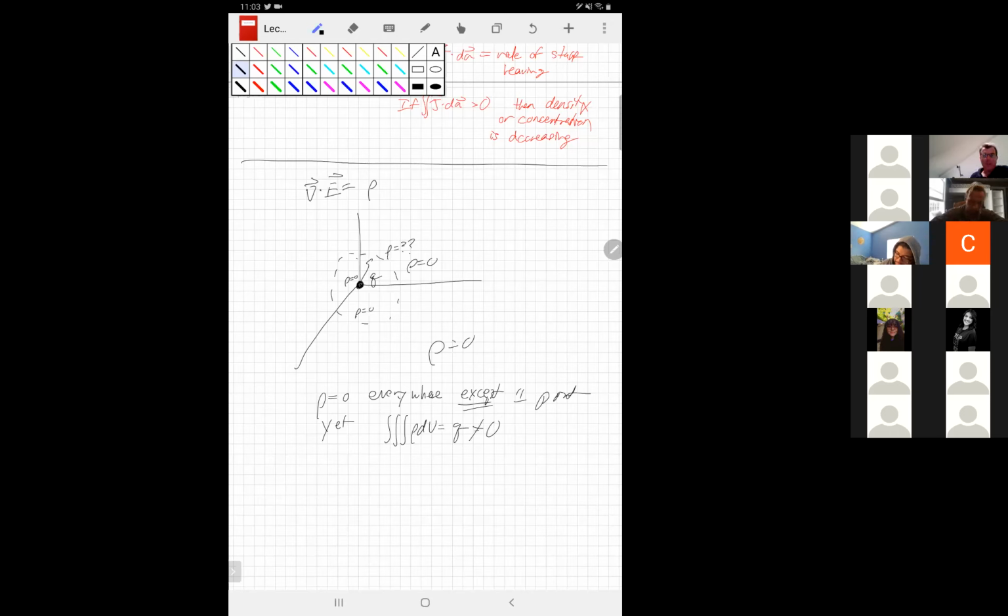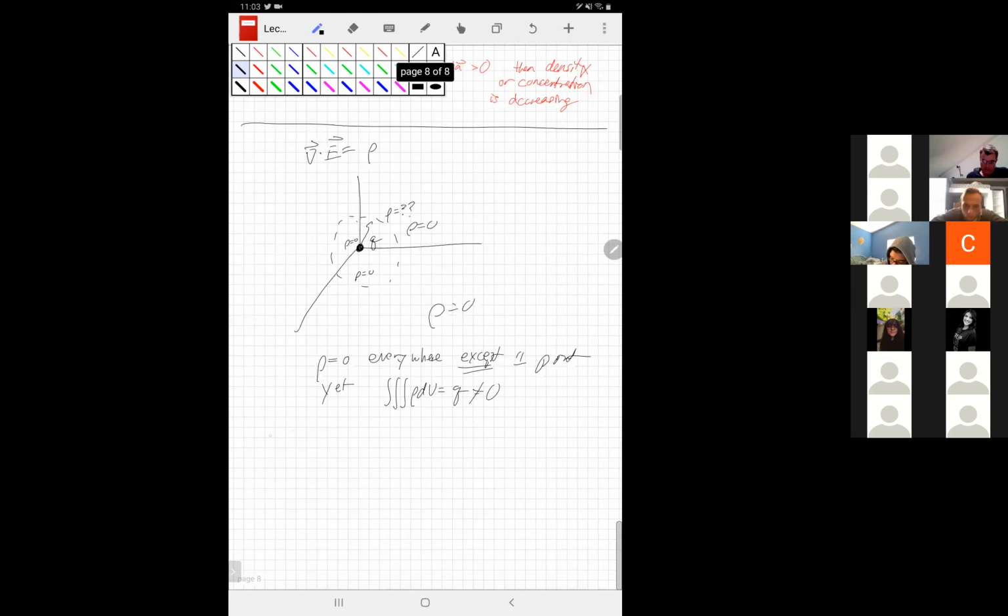If the integral of rho dV is non-zero, okay? So for point charges, we use something called the Dirac delta function. The Dirac delta function is a very special function.